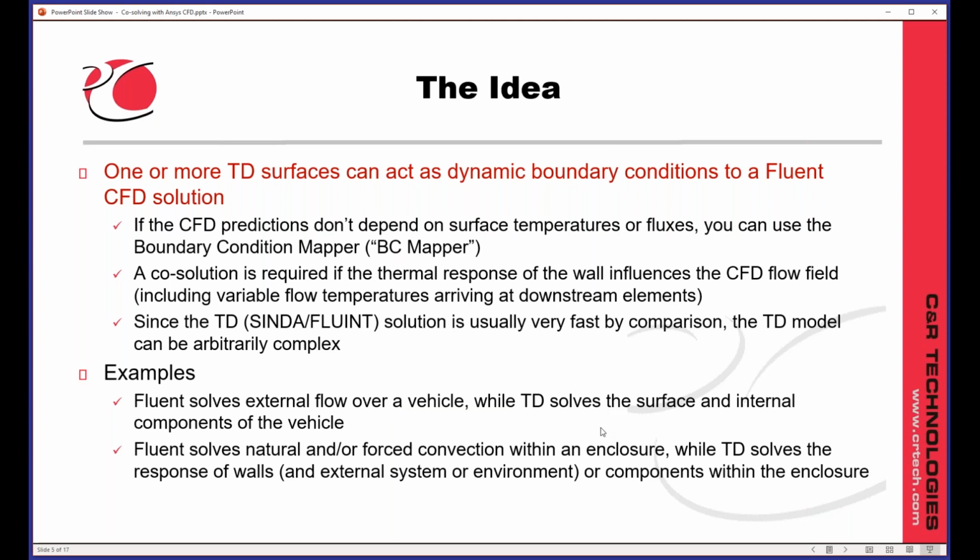Probably a lot more common is an internal flow, natural or forced convection, mostly because what happens downstream depends on what happened upstream, unlike an external flow field. And so in that case, like the kegerator example, you would want to co-solve.